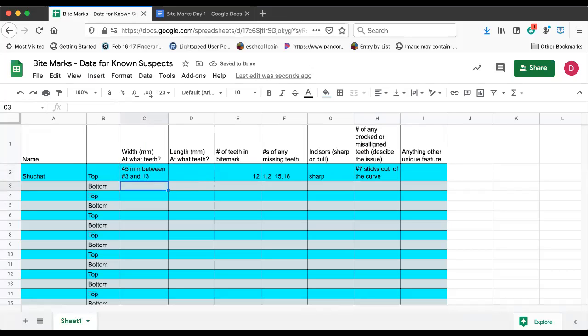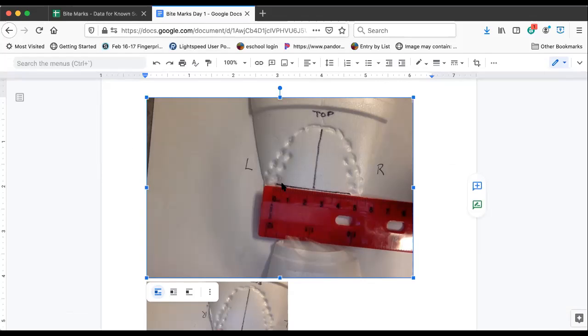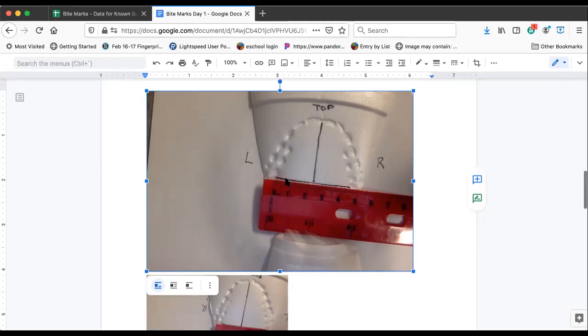When we do length, it's always going to be the same thing, because you see how in the bite mark I drew that T in there. It's an upside down T in this picture. I draw across the back of the bite mark to measure the width, and then from the incisors down to that line.